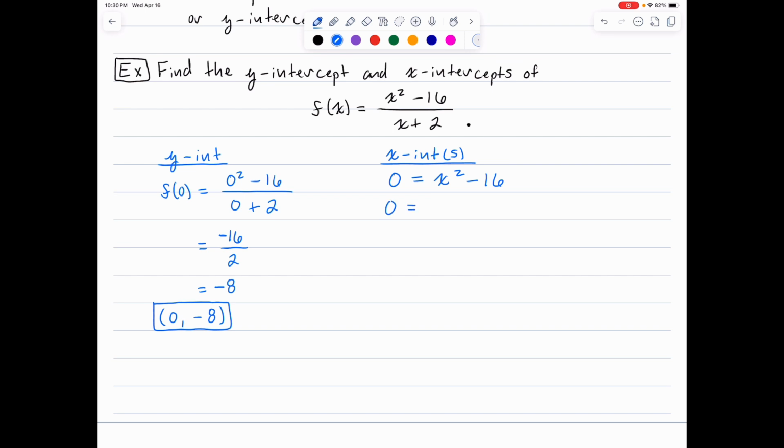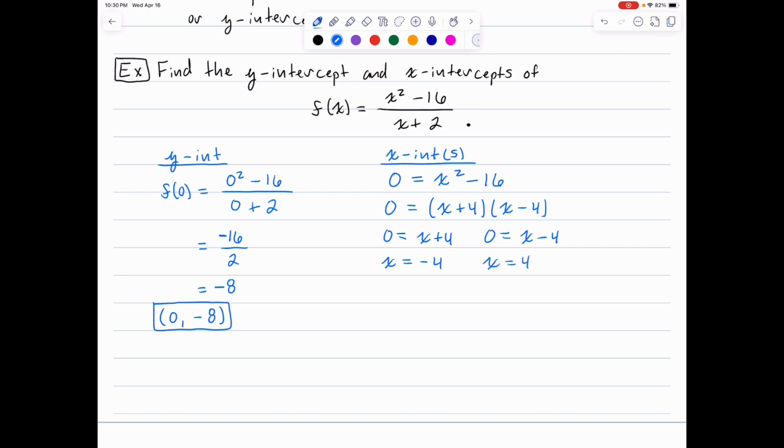So I have 0 equals x plus 4 times x minus 4. So that means I have 0 equals x plus 4 and 0 equals x minus 4, which means I get x equals negative 4 and x equals 4.